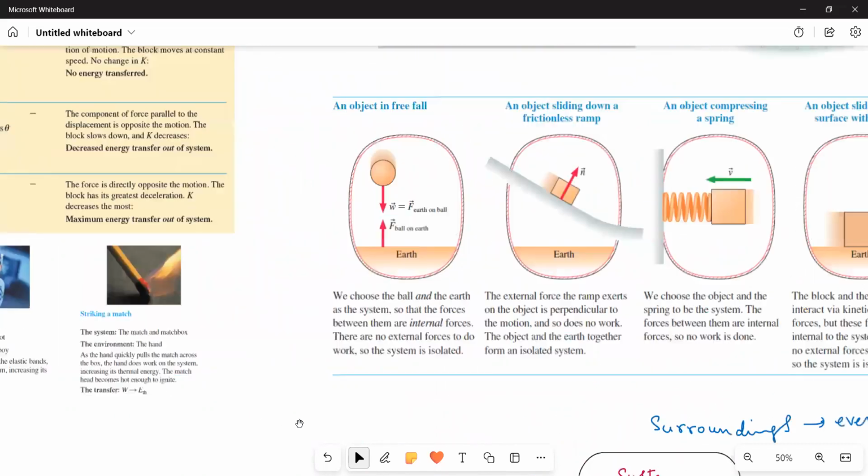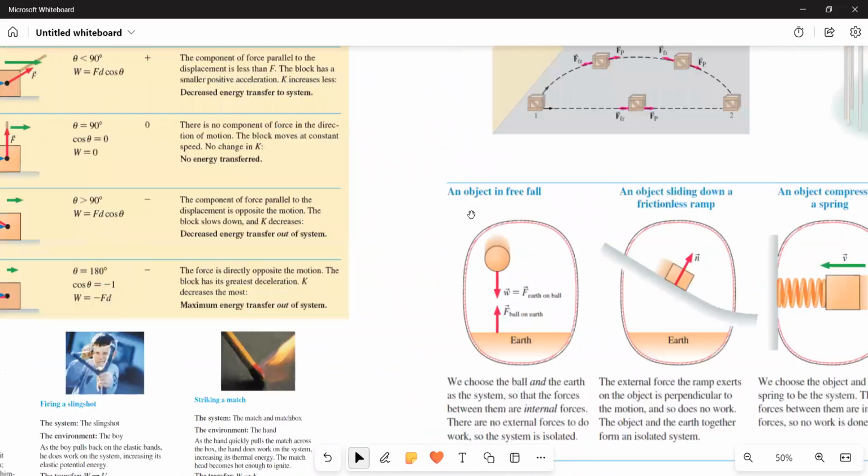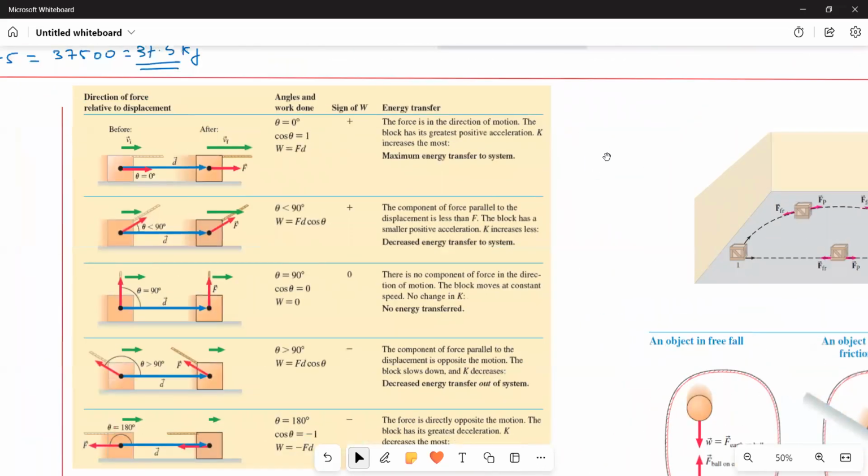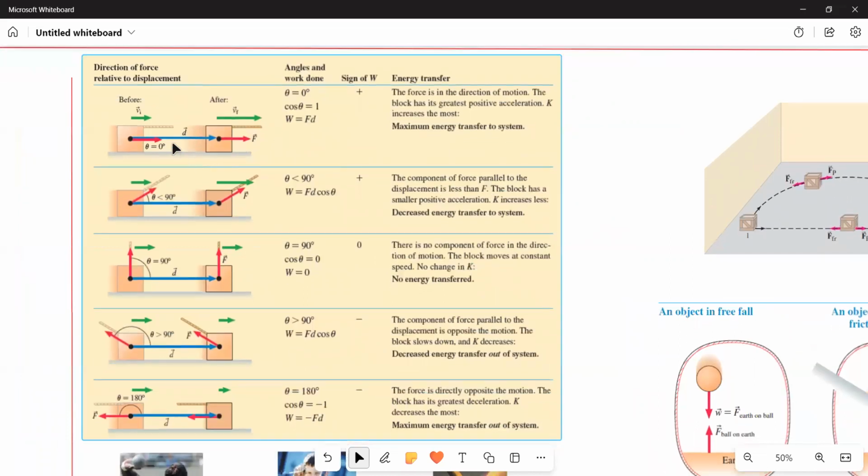Okay. Now let us see how the energy transformations will be considered. We know that whenever work is done on an object, energy transfer takes place from the surroundings to the system. Here work is done on the object. When the work is done on the object, the energy is transferred from the environment to the system. So here what is happening?